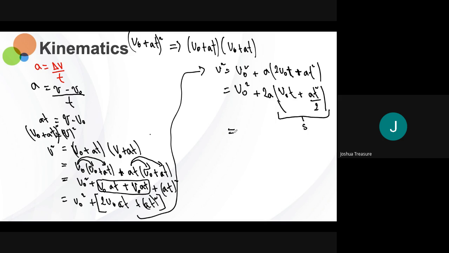So for the final equation now, what do we have? V squared equals what? V0 squared plus 2AS.